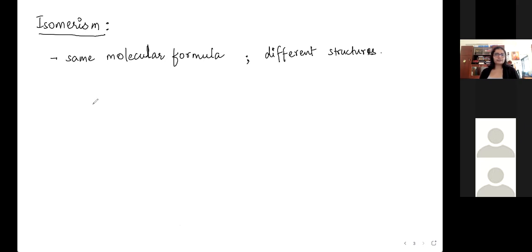We'll start with the simplest one: CH3, CH2, CH2, CH3. So this is butane. Butane का molecular formula क्या है? C4H10. So this is what you call the molecular formula.